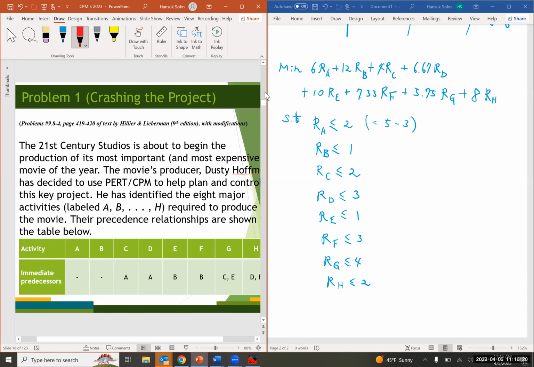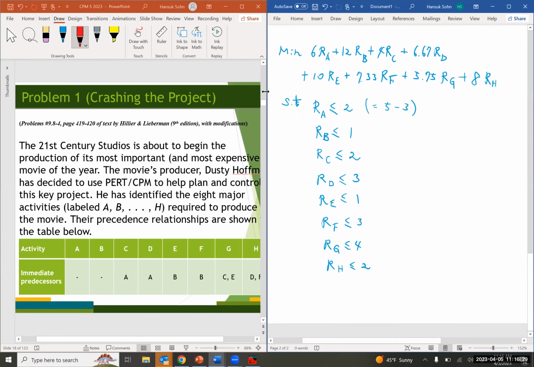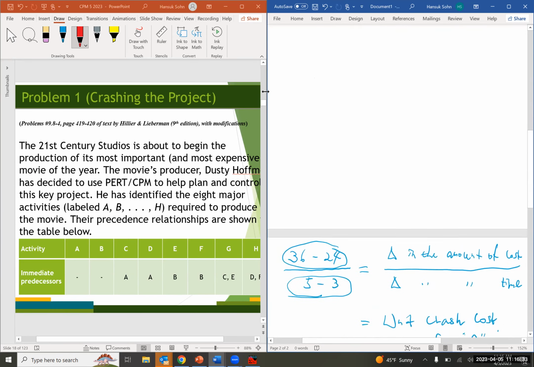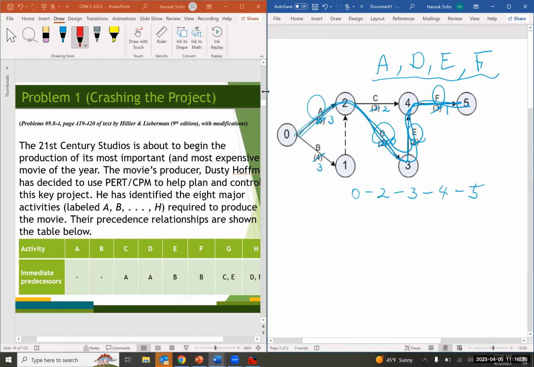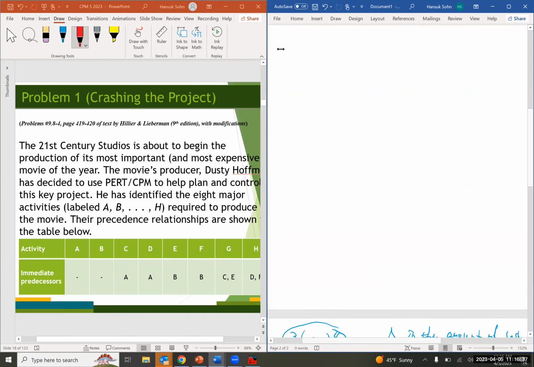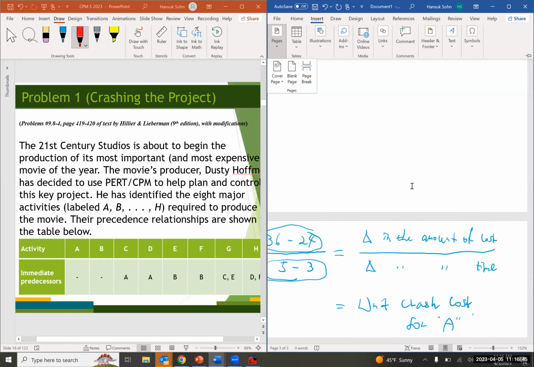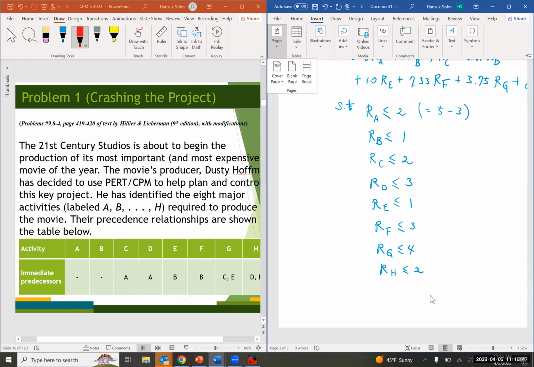No, we didn't. Okay, so based on these precedence relationships, let's draw the network diagram.